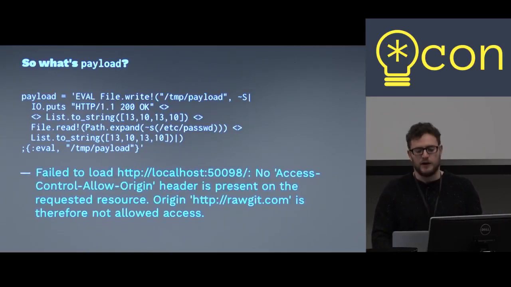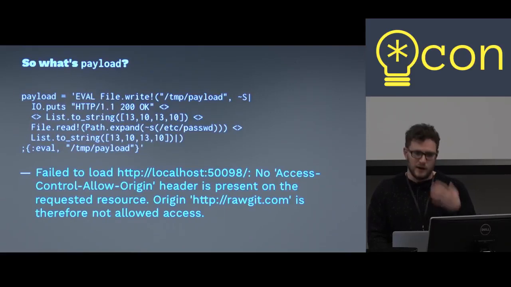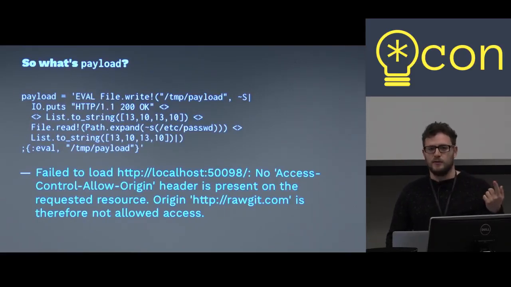It actually won't work because when you run this in a browser, you're going to get a cross-origin resource sharing error. So browsers are good at protecting you against this sort of thing, and the way they do it is that you're not allowed to render responses from servers that don't allow you to access them.